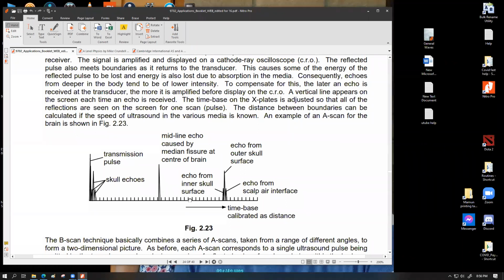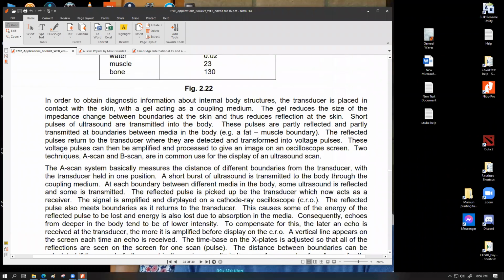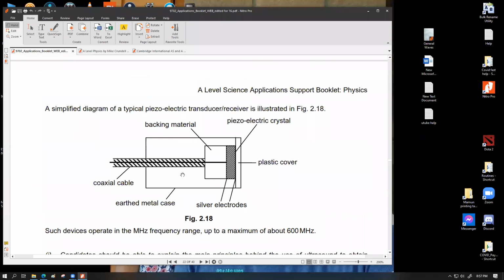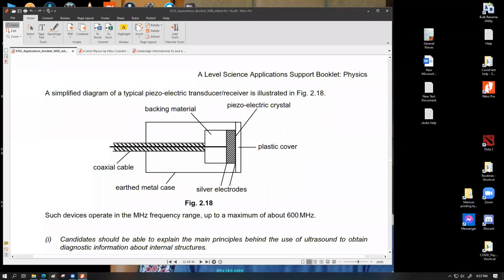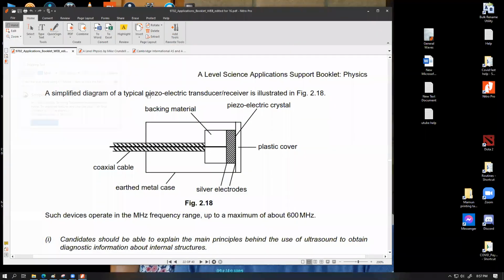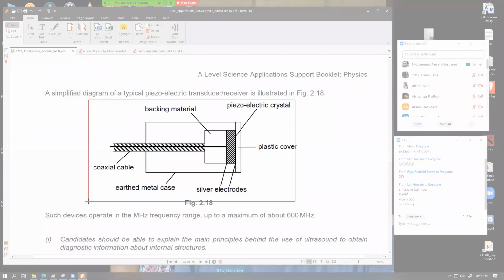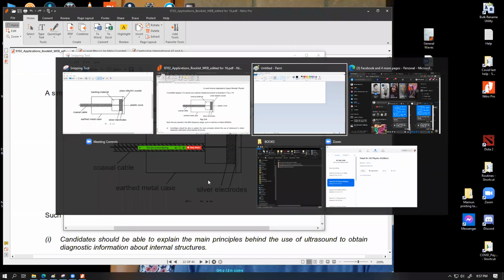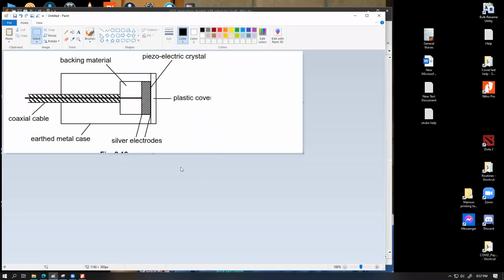Whenever the compression, if I just try to draw it for you, so let's say we are holding this piezoelectric crystal beside the head.